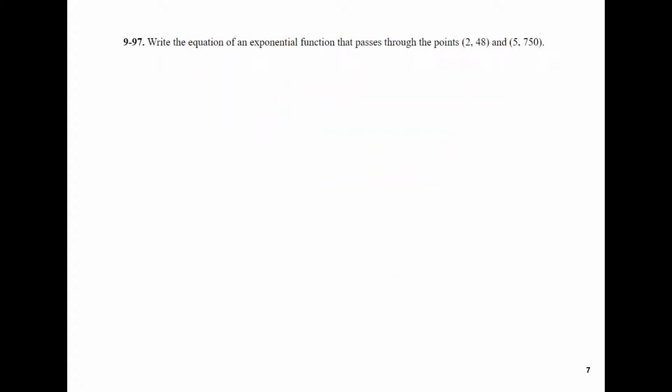Write the equation of the exponential function that passes through the points (2, 48) and (5, 750). So an exponential function is in the form y equals a times b to the x power. So if we know our y value is 48, we can set up two equations. We can then get a by itself.